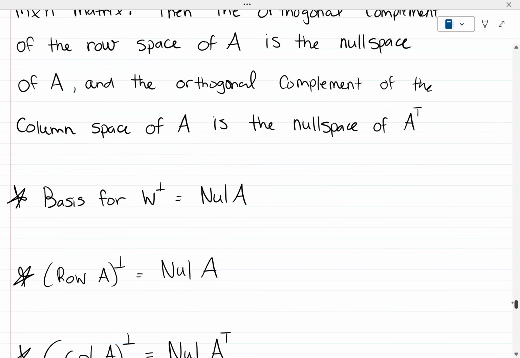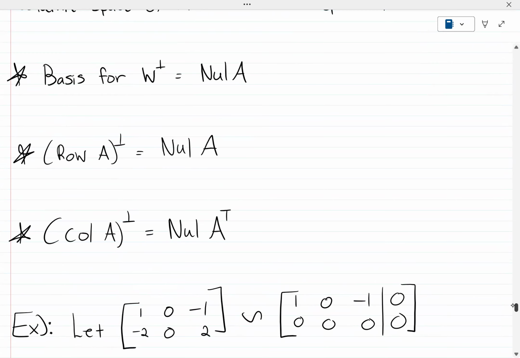So the row of A raised to the perp is equal to the null of A. Go ahead and write this down. And then the column of A raised to the perp is equal to the null of A transpose.